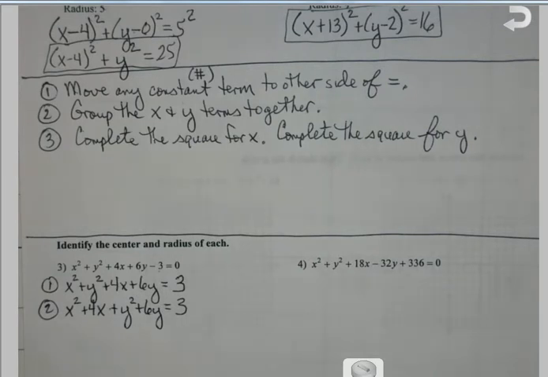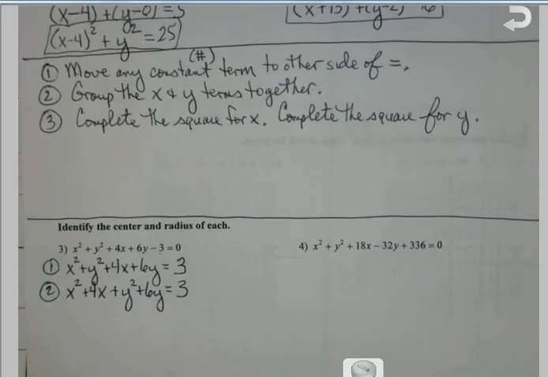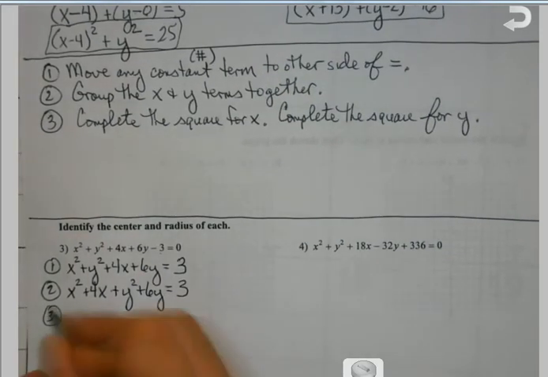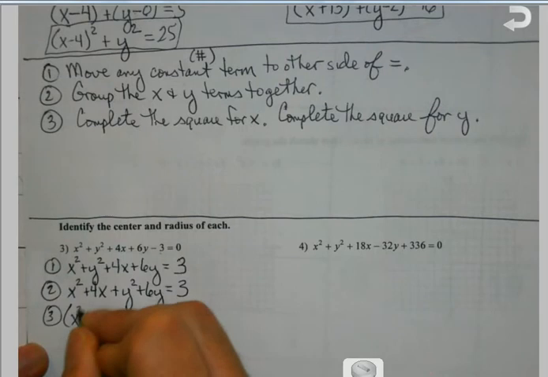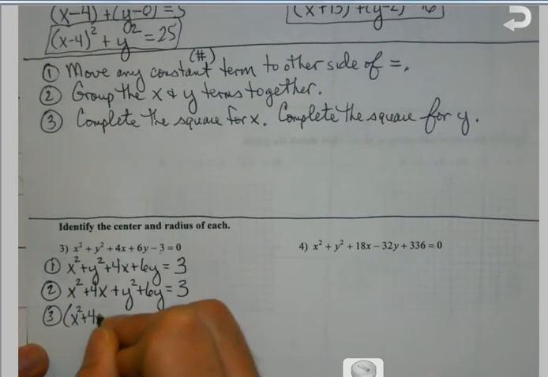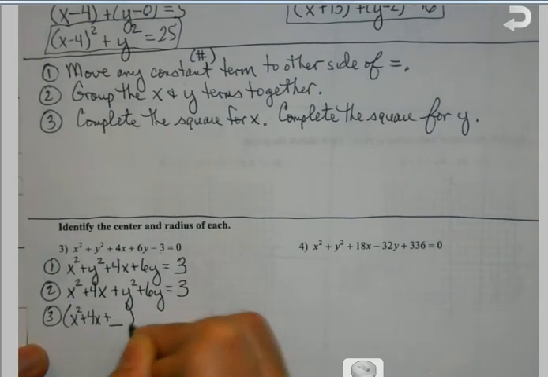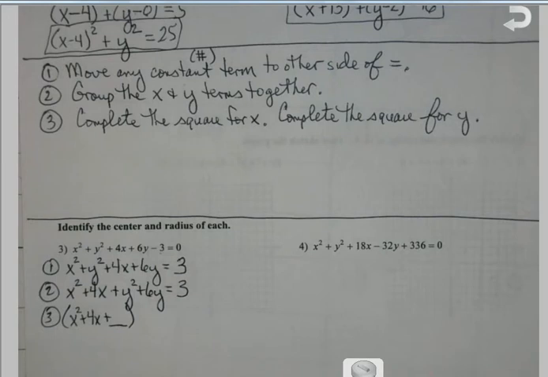So here's how I kind of want you to take a peek at this as we actually do this third step. Okay, I'm going to group my x stuff together, and I'm going to put a blank at the end of it. There's going to be a number there when we complete the square in a minute.